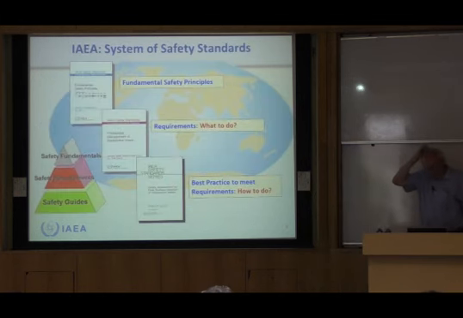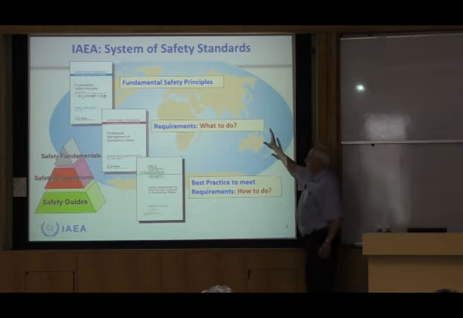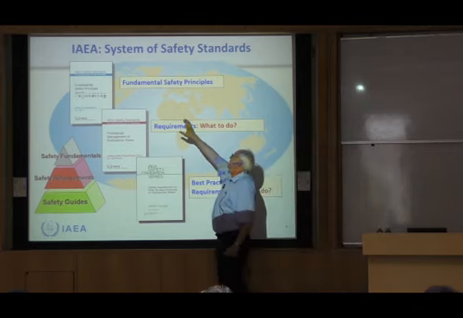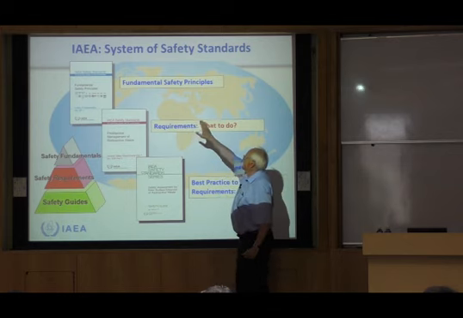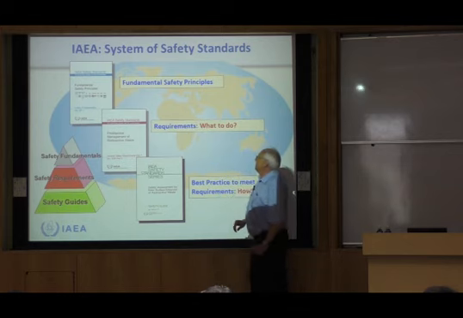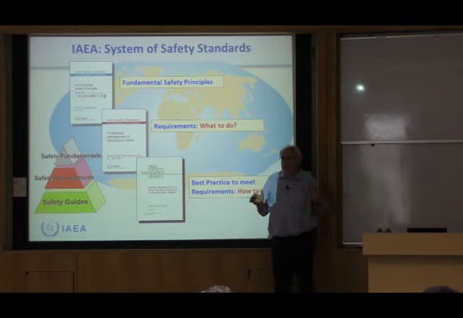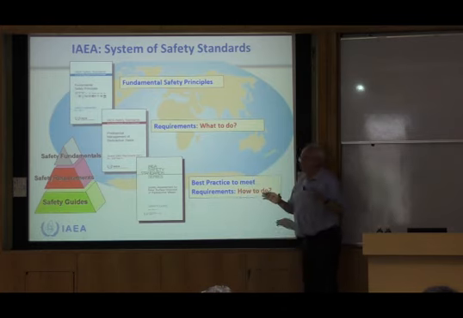So based on that, the IAEA has developed a system of safety standards. As I said, on top of it, there are fundamental safety principles, 10 principles, which are, so to say, 10 commandments for radiation protection.